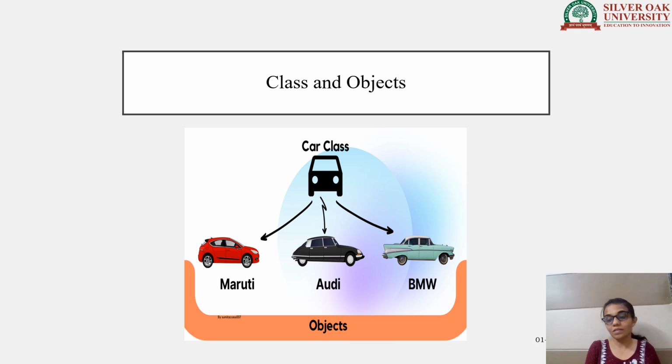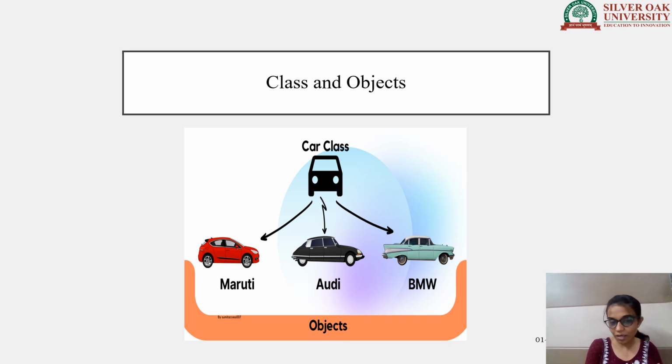So the class is an organized collection of objects. Whenever the class is created, no data is allocated to it, and we can't access any data of that particular class. For that I have to create the object first, and only then can I access the data of that class.